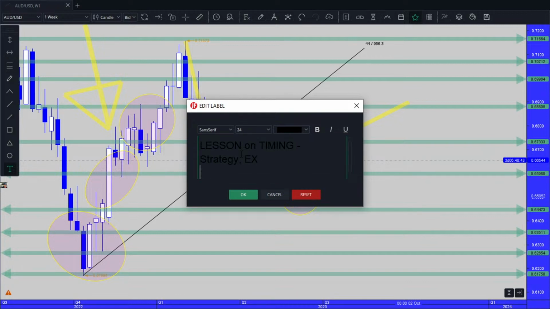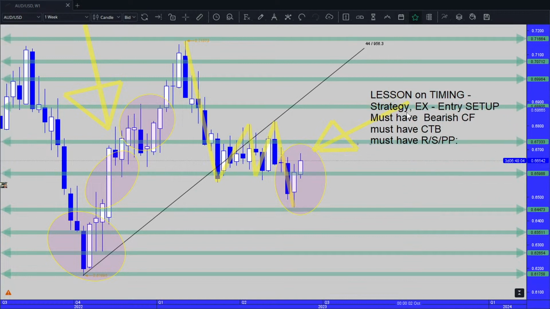Strategy example: must have bearish candlestick formations, must have CTB, which stands for counter trend line break, and must have resistance, support, or pivot point. Okay, so this is the entry setup for me to short the Fibonacci.